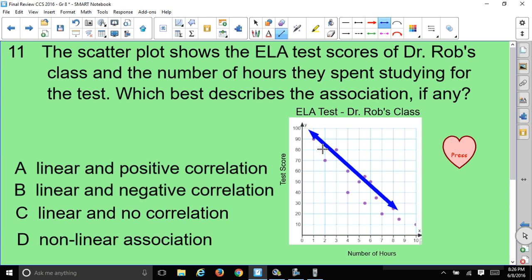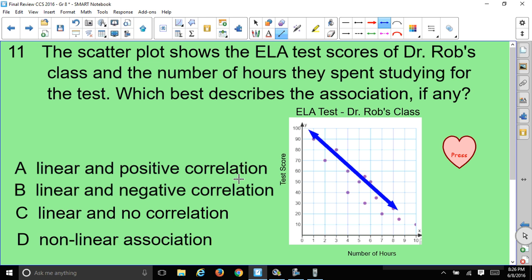So the relationship between the test score and the number of hours they're studying would be a negative correlation. I guess maybe the longer they study, they must be cramming, and trying to put all that information in their brain is not good because it's too much information and they're getting worn out. So this is a negative correlation.